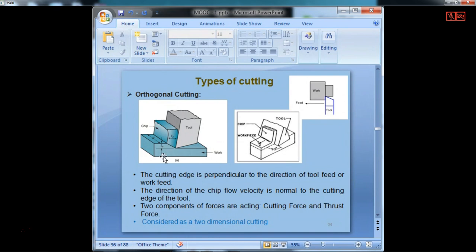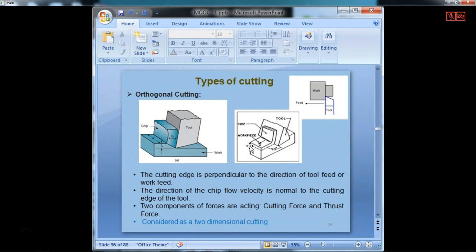So the workpiece is linear like this, and the cutting tool is moving in this direction, that means along an axis parallel to the workpiece, in a linear direction. Practically, when you look at the turning process, you have a rotating cylindrical workpiece and the tool is stationary. But to make it simple, this is the diagram you see.